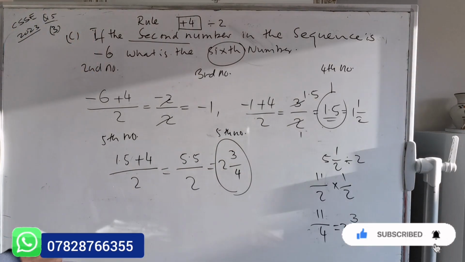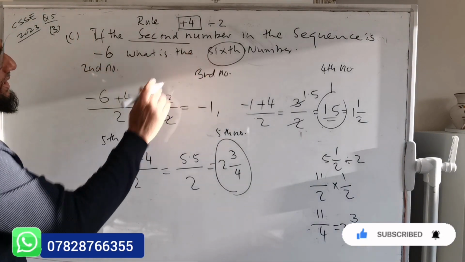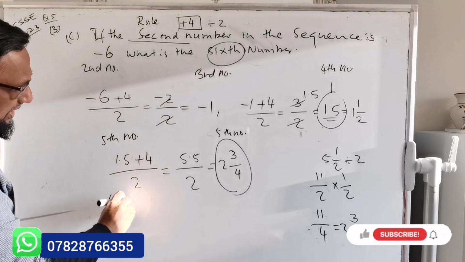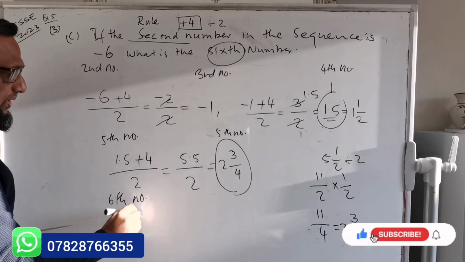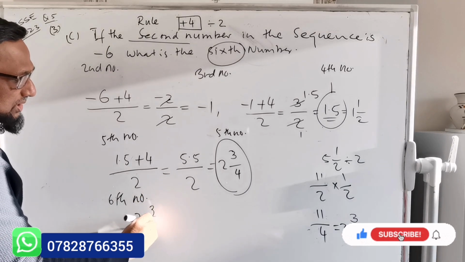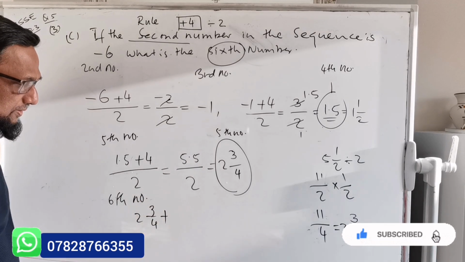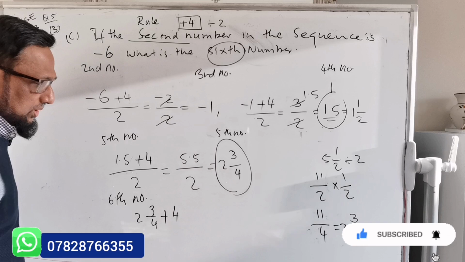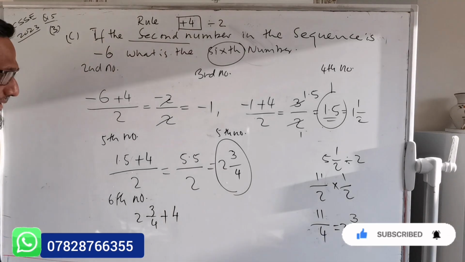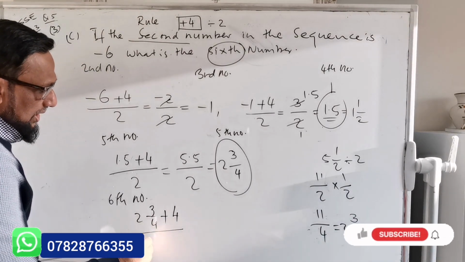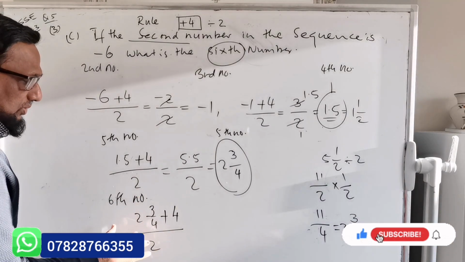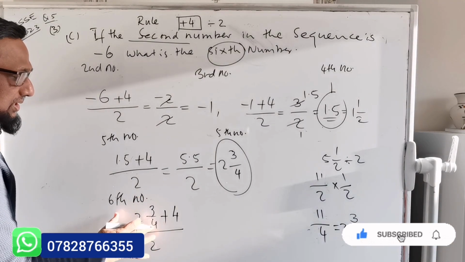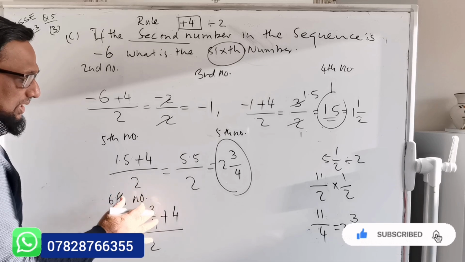And the last one, they asked to find the sixth number. We find it exactly the same way: 2 and 3/4 plus 4, and divide by 2. First we solve the numerator. 2 times 4 is 8, 8 plus 3 is 11.